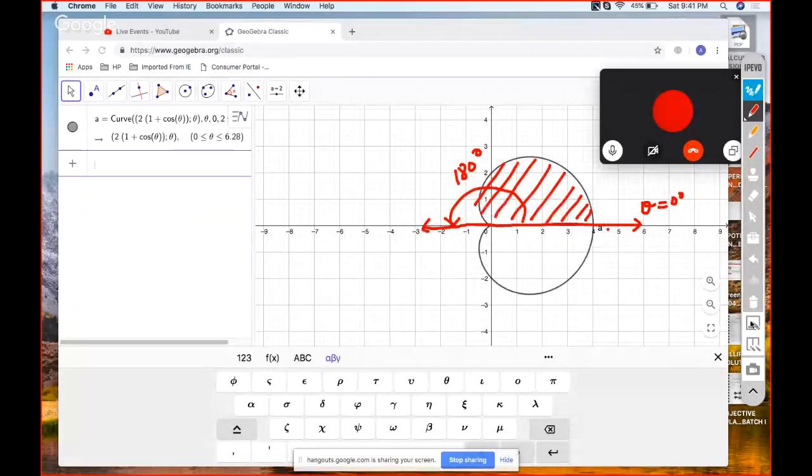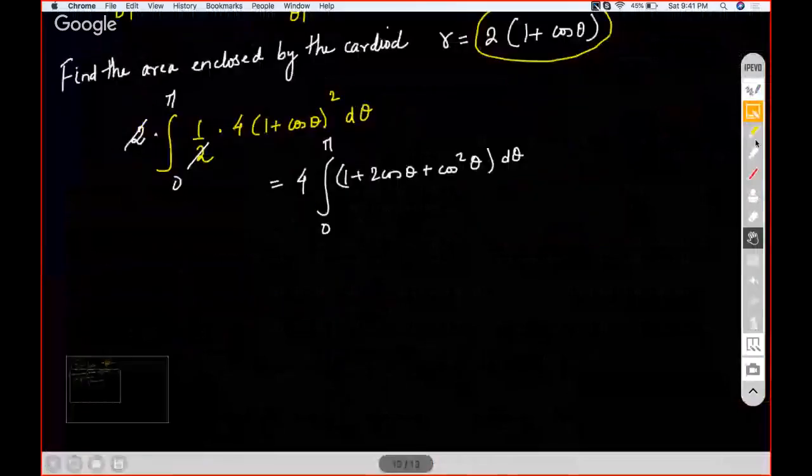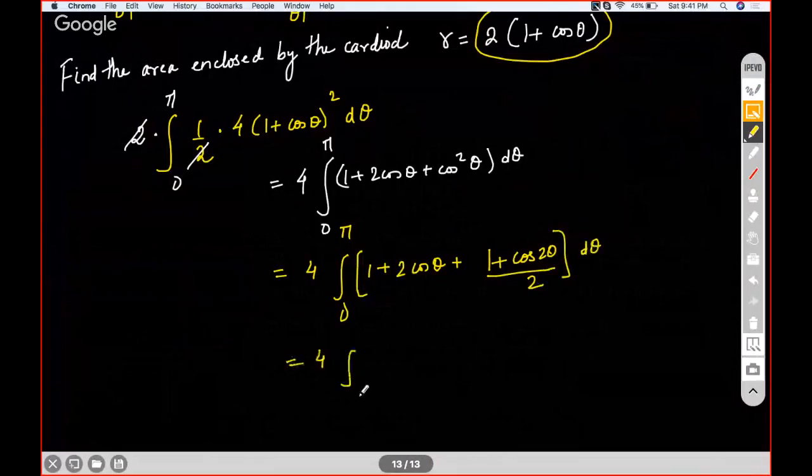Again, here I will use my conversion of higher power to a higher angle. So it's 1 plus 2 cos theta, and cos square theta will become 1 plus cos 2 theta by 2. So that would become the integral from 0 to pi of 3 by 2 plus 2 cos theta plus cos 2 theta by 2.